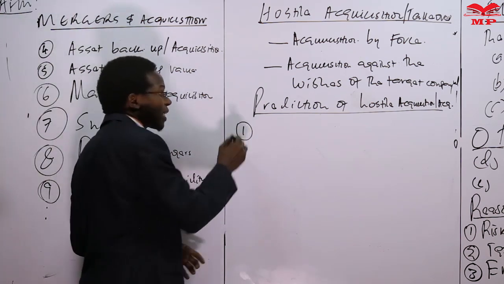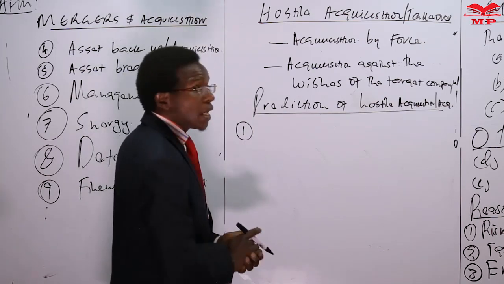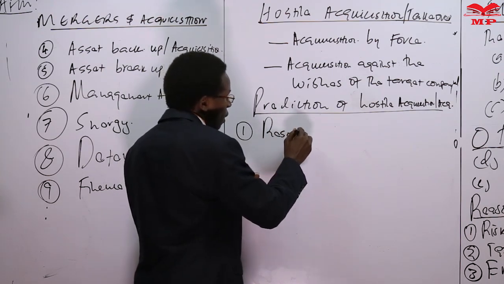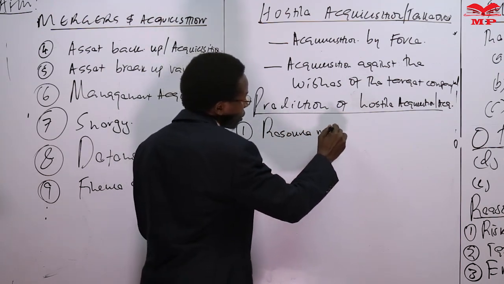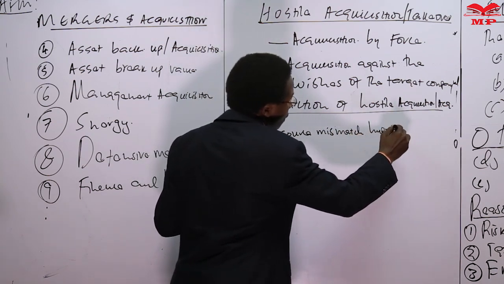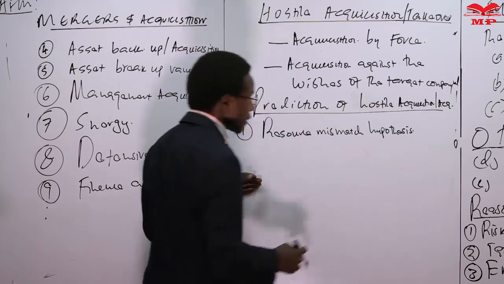One of the indicators or prediction elements is the resource mismatch hypothesis.